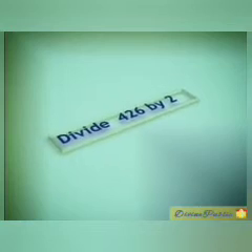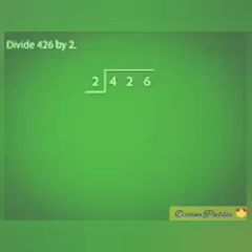Now division by one digit number. Divide 426 by 2. Here 4 divided by 2 is equal to 2. Write 2 in the hundreds place of the quotient and 4 below the dividend. 4 minus 4 is equal to 0. Now bring down 2 tens. 2 divided by 2 is equal to 1.